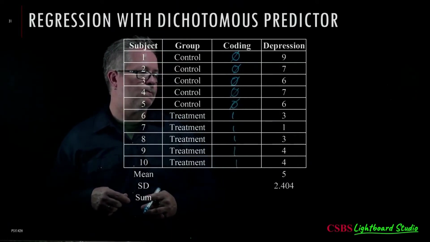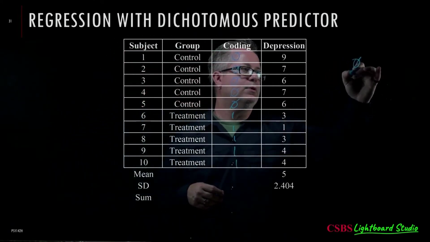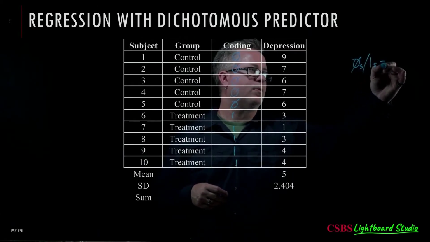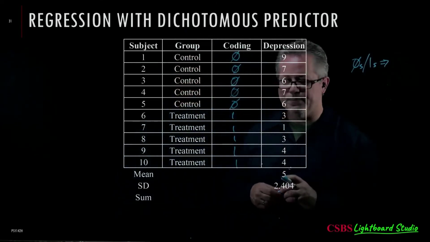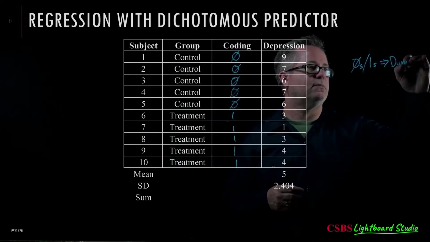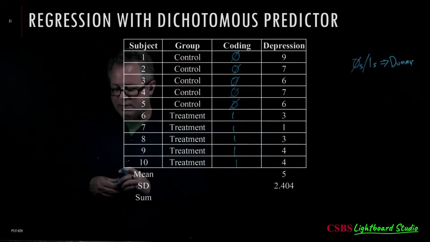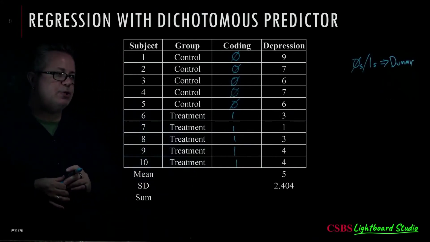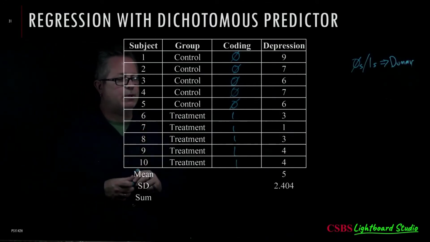Using zeros and ones, we know what that kind of coding is called. I just think it's funny. Dummy coding. I don't know why, but that's what it's called. You use zeros and ones. There's actually a particular way that the zeros and ones are used to be specifically dummy coding, but for the sake of argument, it's essentially dummy coding.